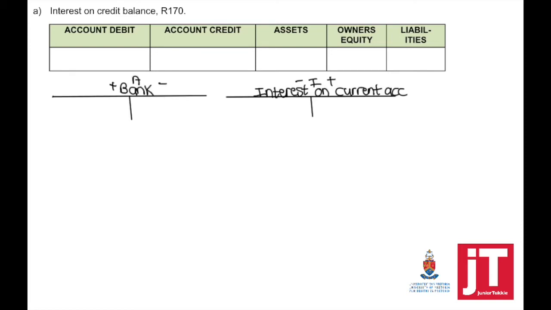So to show this in our books, when the business receives money, bank is always debited, account credited, interest on current account. On my accounting equation, effect: assets plus 170, owner's equity plus 170. Because our income increased, it will have a positive effect.